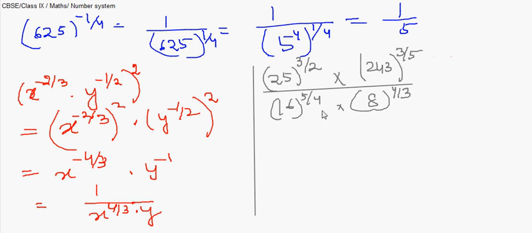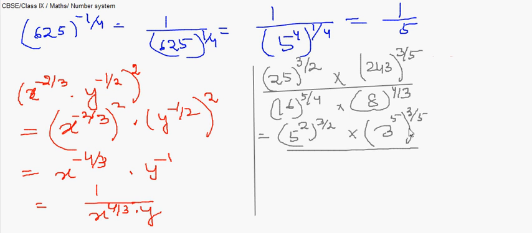Doing so, if I need to remove this 2 in the denominator, I need to express 25 in terms of the square of 5. What I feel is 243 will be 3 to the power 5 here, because I wanted to remove the 5 in the power as denominator.